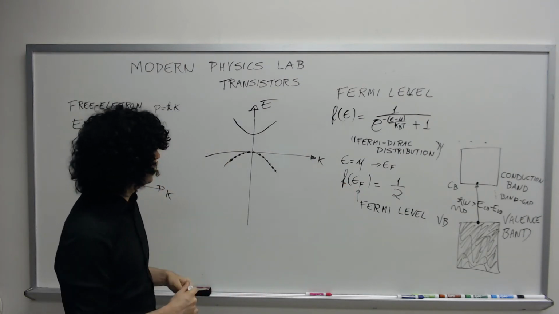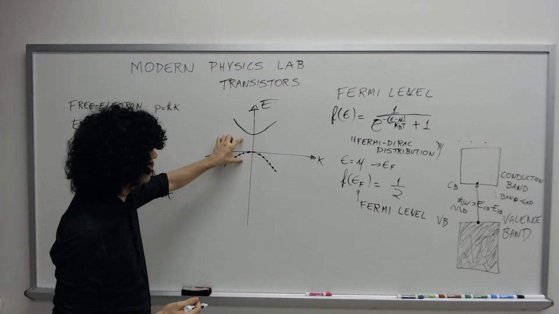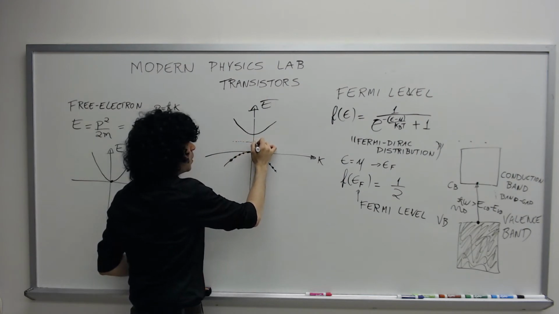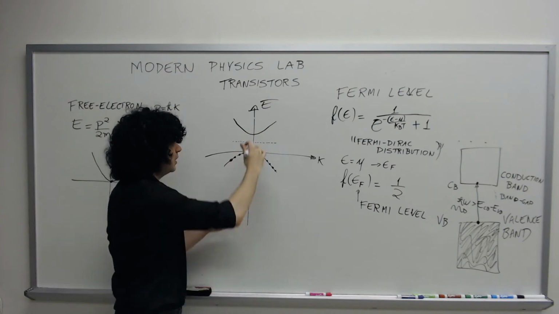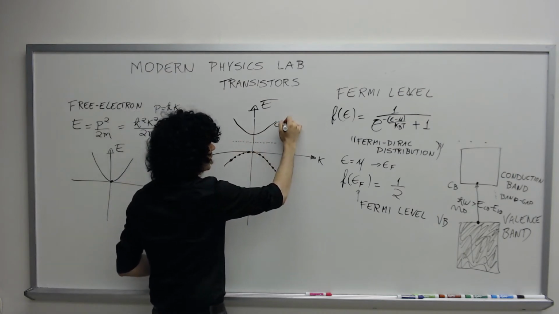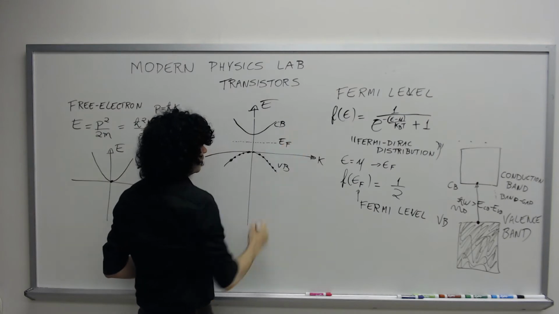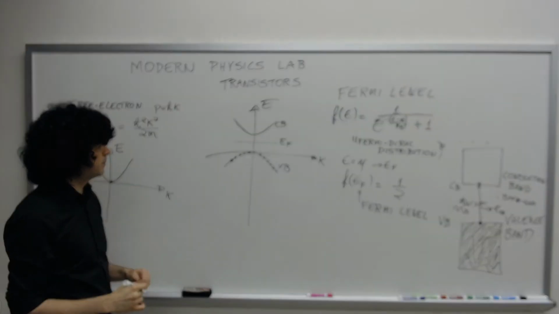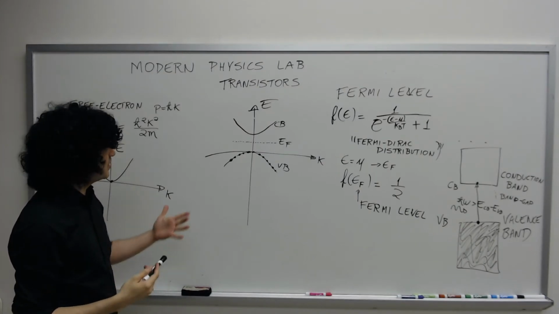You can show that the Fermi level, in the case of a semiconductor, lies within the band gap in between the conduction and the valence bands. So this is EF, right in the middle. This is not a real level.